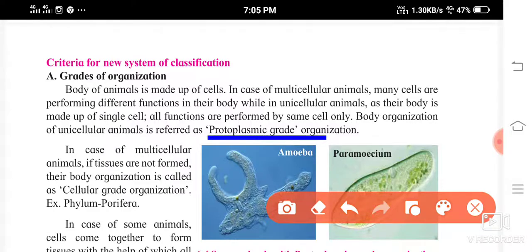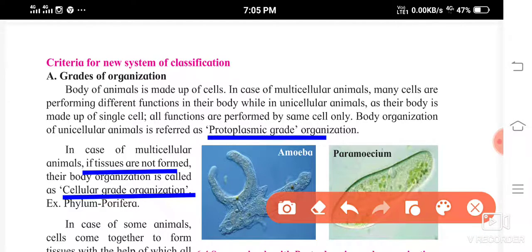Now, in multicellular animals, if tissues are not formed, their body organization is called cellular grade organization. Example, phylum Porifera. So in multicellular animals, wherever tissues have not been formed, we are going to call the body organization cellular grade organization.